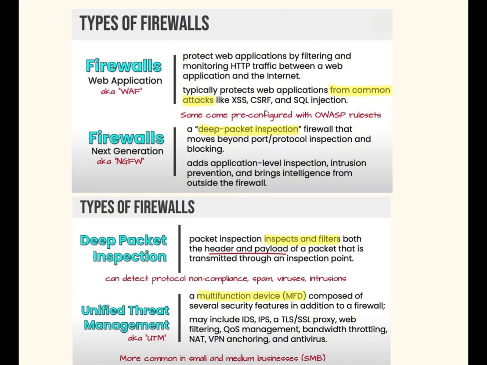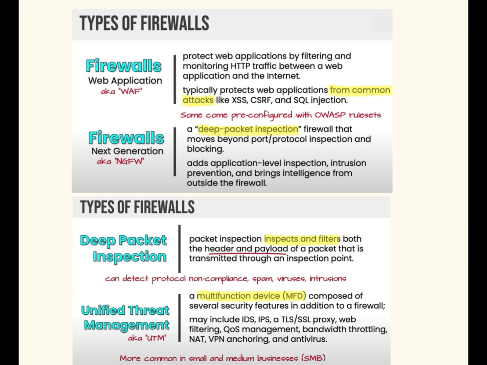So it can do deep inspection, but I have also seen in the corporate environment that they have a next generation firewall, but they use only some features, right? So they do not enable all the features. You can enable them as per your use case or as per your requirement.